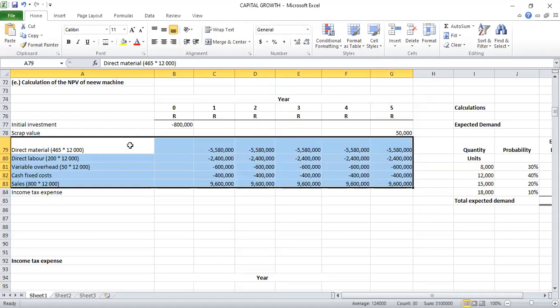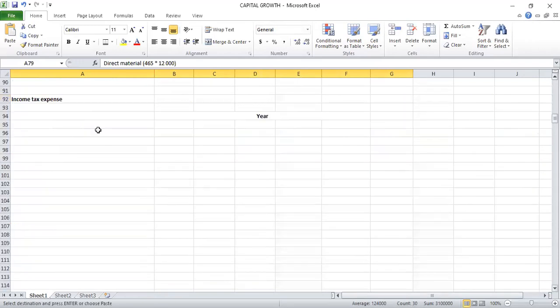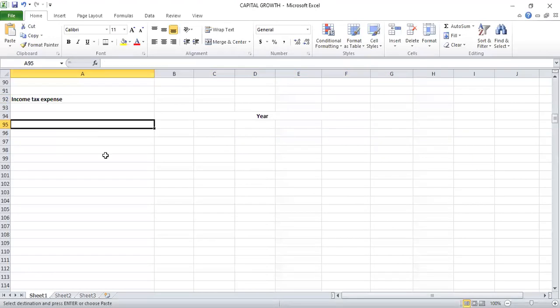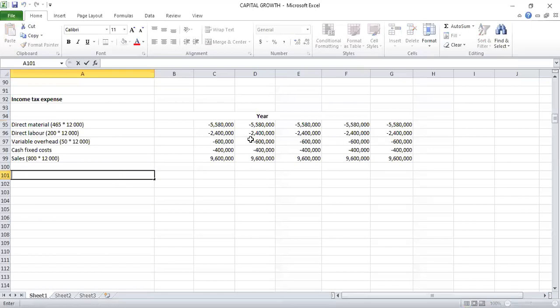We don't include the initial investment, and initially the scrap value we don't take, but we're going to include it. All right, so I just extracted, I think I made a mistake here.